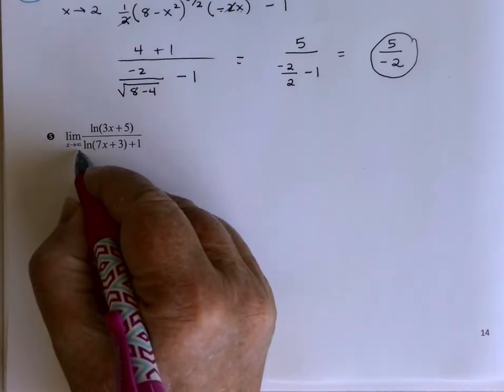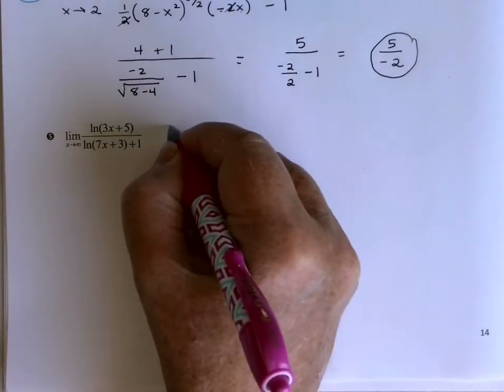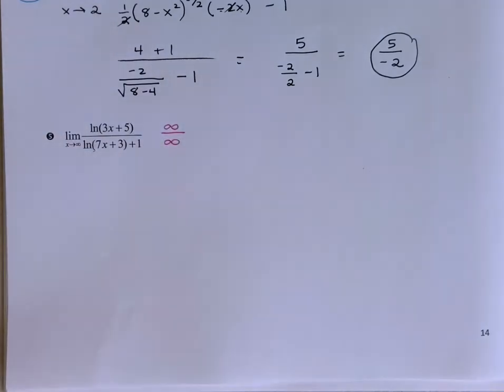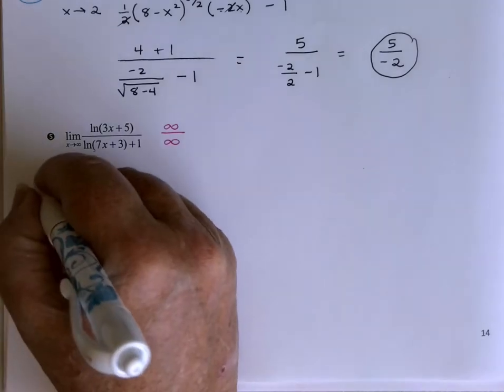As x goes to infinity, the natural log of infinity is infinity. And again on the bottom, natural log of infinity is infinity. So I do have one of those L'Hopital's rule cases. Again, it's got to be 0 over 0 or infinity over infinity. But it is. So we're ready to apply L'Hopital's rule.